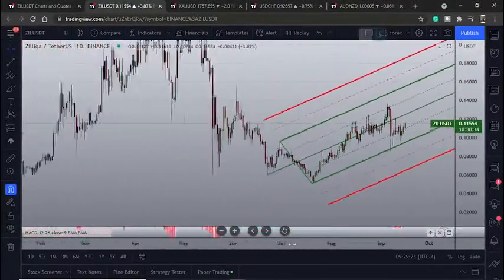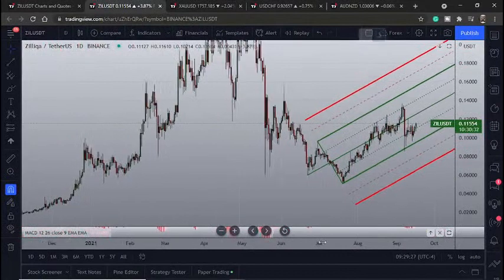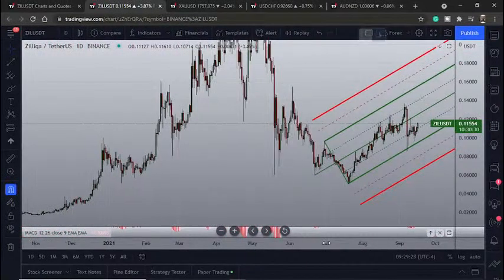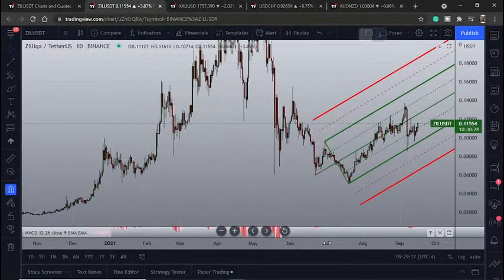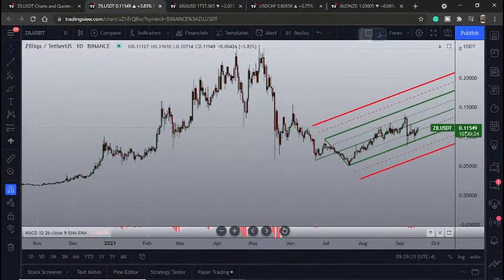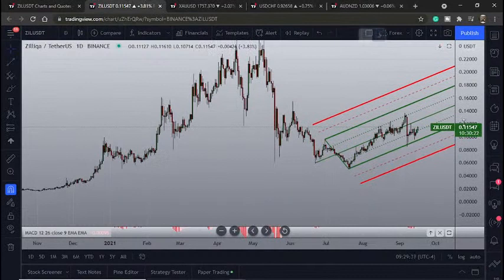Goodness gracious, let me just try to get my charts sorted out here. And you set to a daily. Am I even looking at the right thing here? It does look like it is.